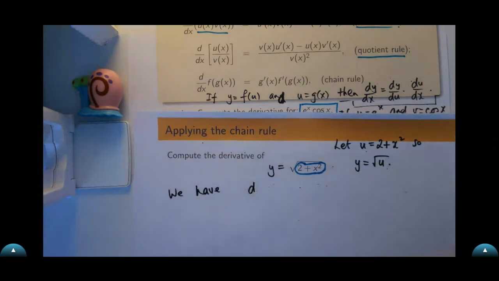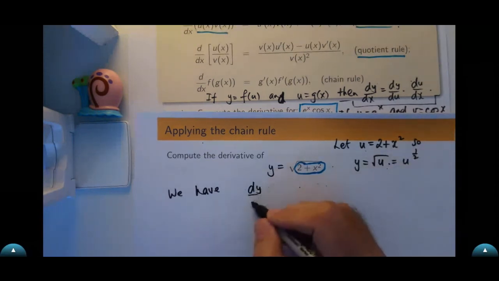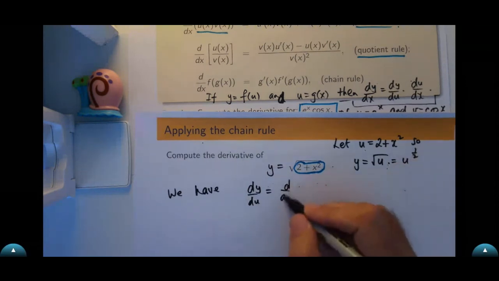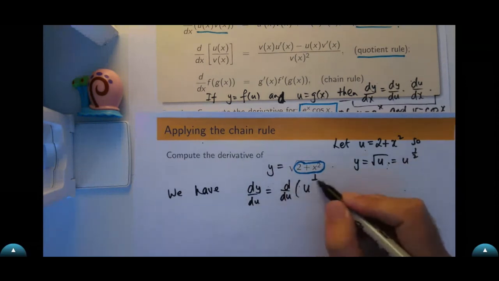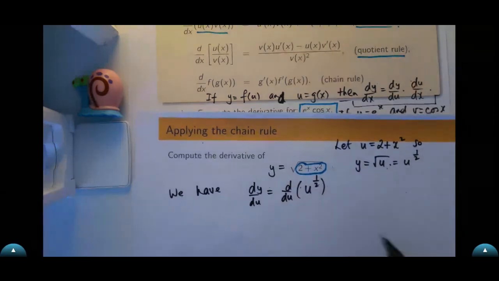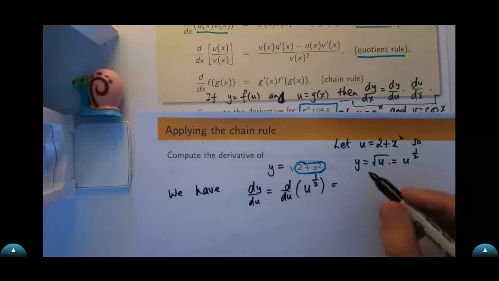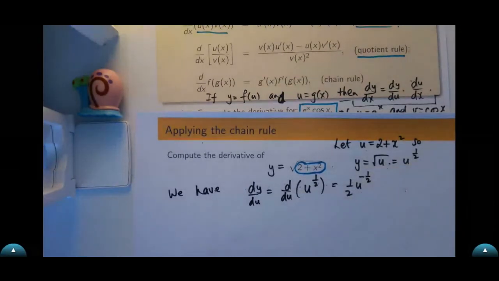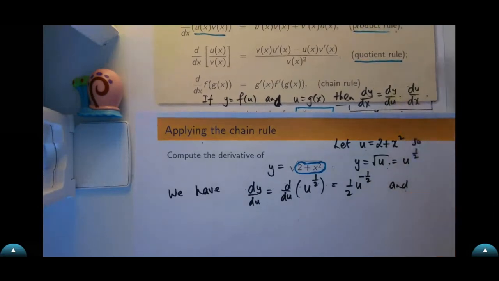Okay, so dy du is the derivative of this. Here I'm differentiating with respect to u. It's a power function. Bring the half to the front and decrease the power by 1. So that's the first part over here.